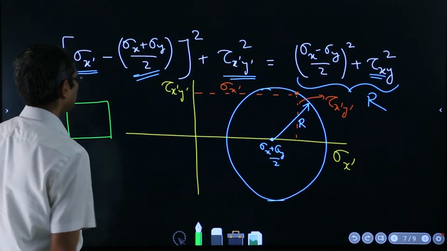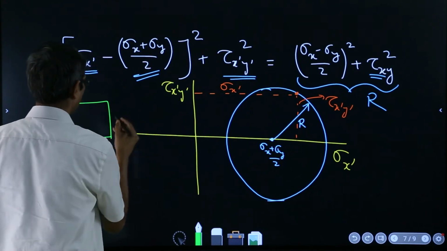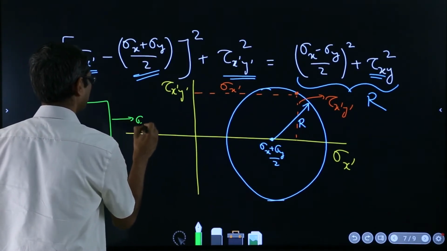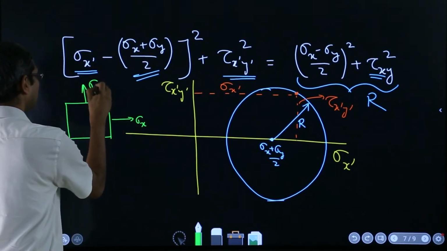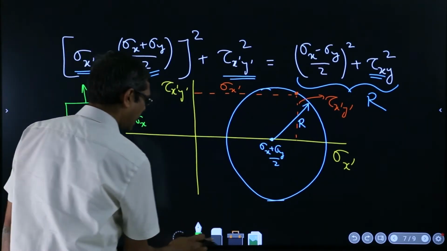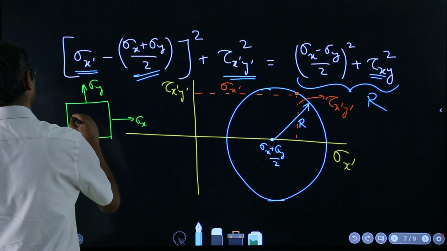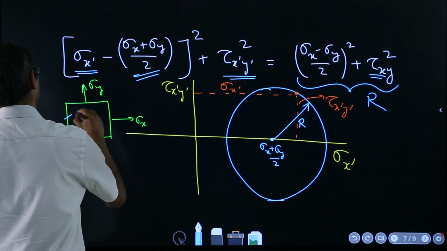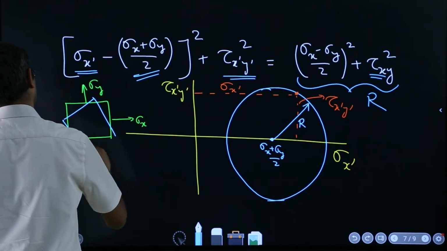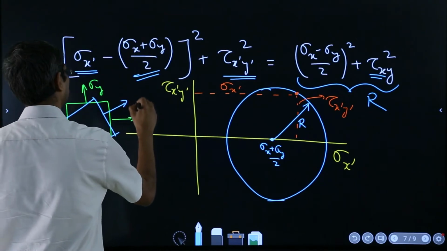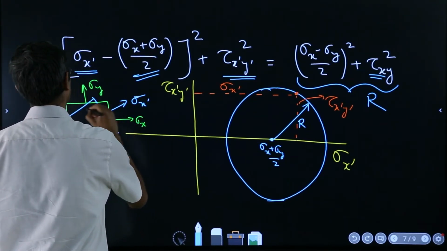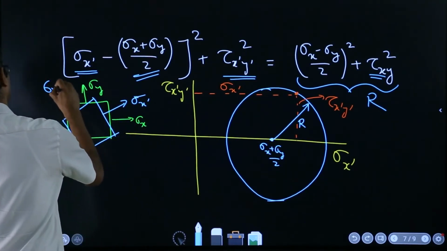In fact, let me again draw that square so that I can talk about it referring to this. This was our original. So, this being sigma x, this being sigma y. And on that, if I draw the picture of the rotated element, this being sigma x prime and sigma y prime.